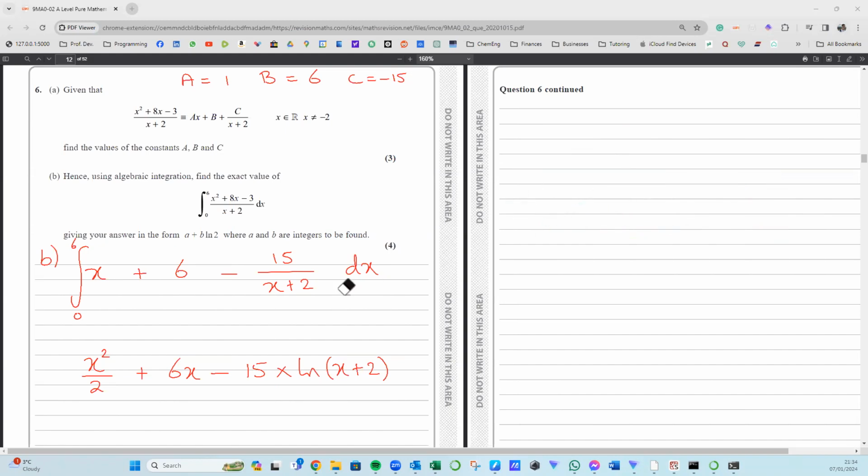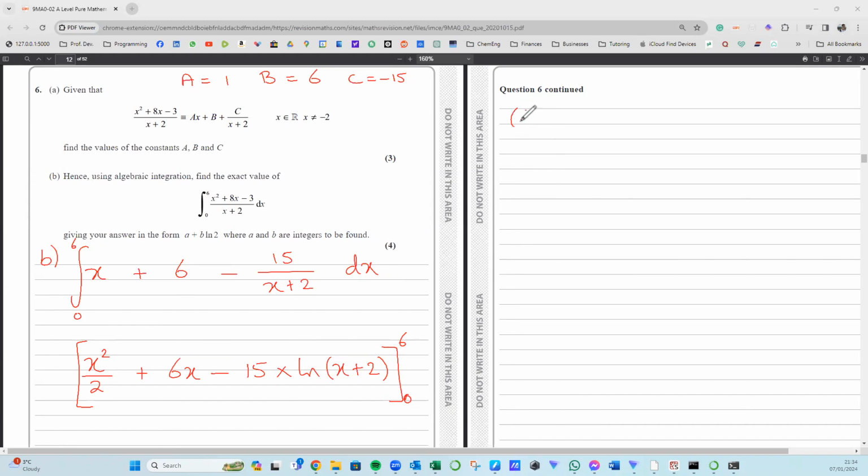And then essentially we've got to apply the limits, which we haven't done just yet. So we're going to add a 6 and a 0. The way that we do this is we substitute in the limits and subtract the bottom limit from the top limit.